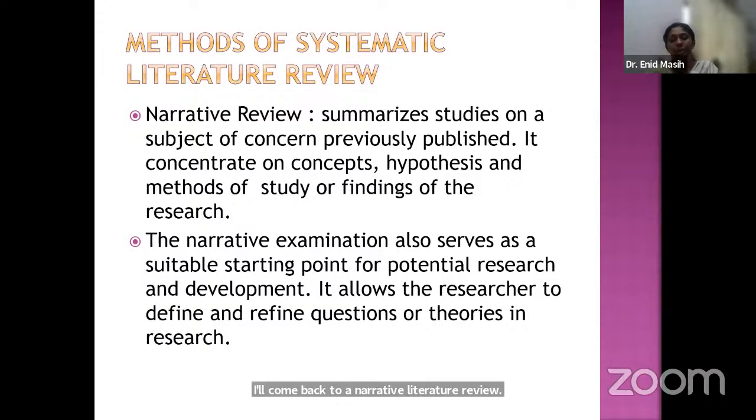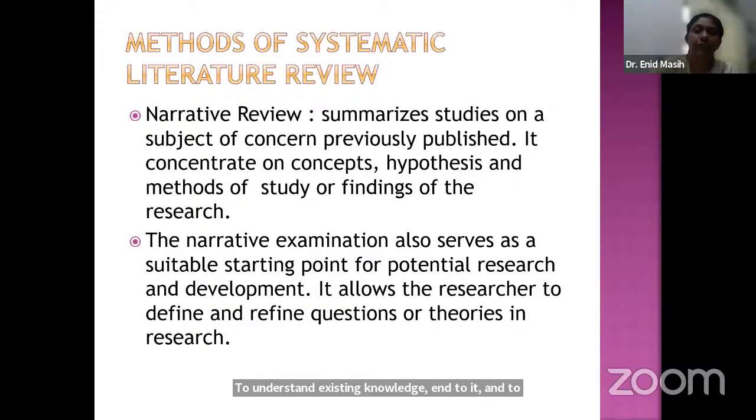So this type of literature review is very helpful for a new person who wants to start writing a systematic literature review, because the main objective of a narrative review is to provide the reader with an extensive context to understand existing knowledge and to emphasize the value of the new research.